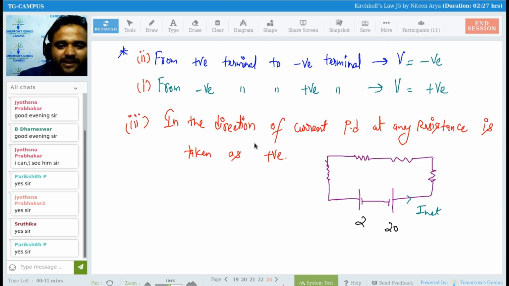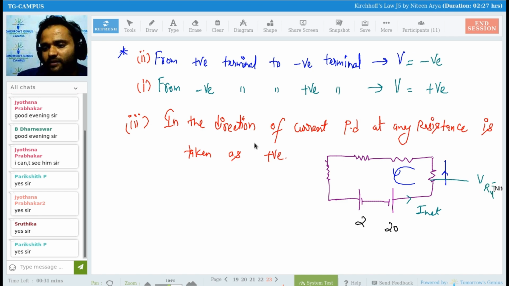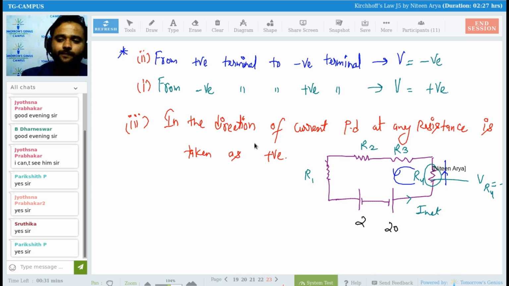So if I choose my path in the opposite sense, the current is going in this direction but I choose my path in the opposite way. So what happens? We have R1, R2, R3, R4. The potential difference at resistance 4, VR4, is taken as negative.